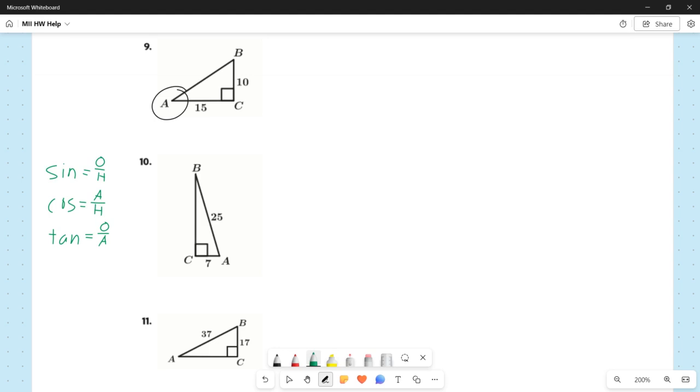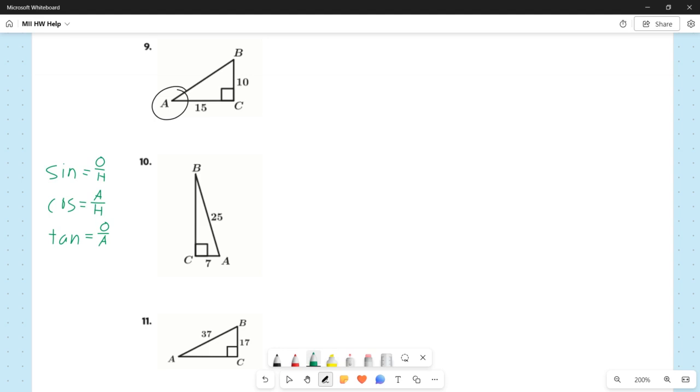Again, these are the definitions specific to a right triangle. As you get into higher level math classes, you will encounter trig in other situations besides a right triangle, and your definitions might, quote unquote, change a little bit. But because we're talking about a right triangle, these definitions are sufficient for now.